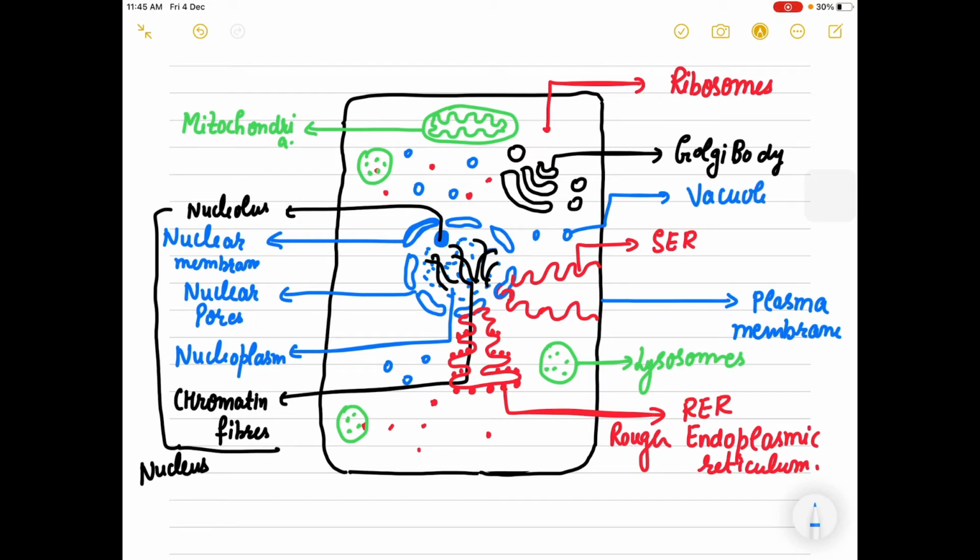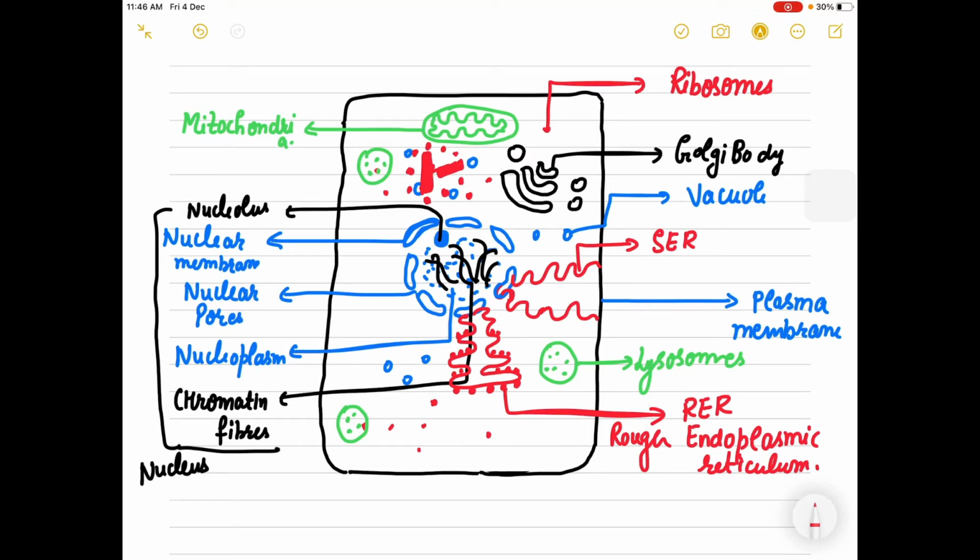One more structure they have helps in cell division, and this structure is called the centrosome, which contains centrioles. It is present like this: one you have to draw perpendicular and one horizontally, with 9 dots, 1 2 3 4 5 6 7 8 9.